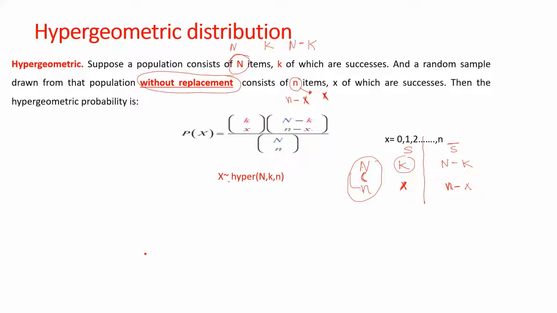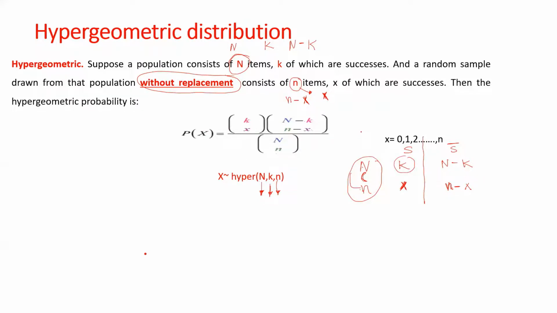We write X is distributed hypergeometric with this n sample size, K number of successes in the population, and N capital population size. K is the number of successes in the population and n is our sample. If I know these values, then I can find the probability of X, because X is the variable that takes these values.